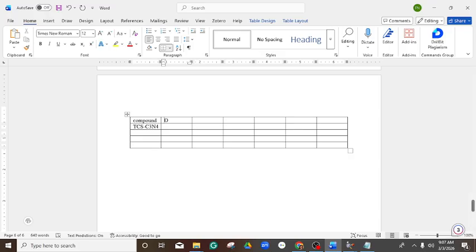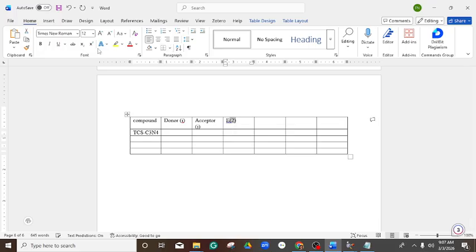You're going to have a column for your donor, which is I, the donor. You're going to have the acceptor, which is J, and your second order perturbation energy.